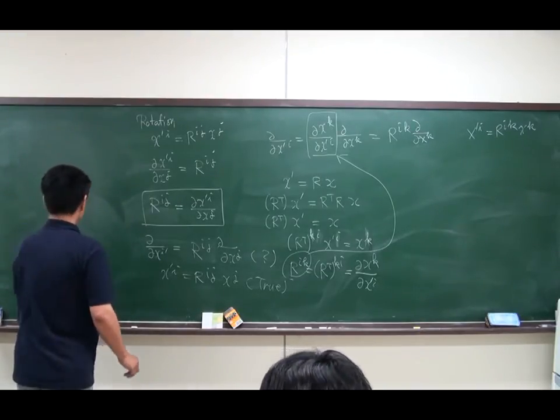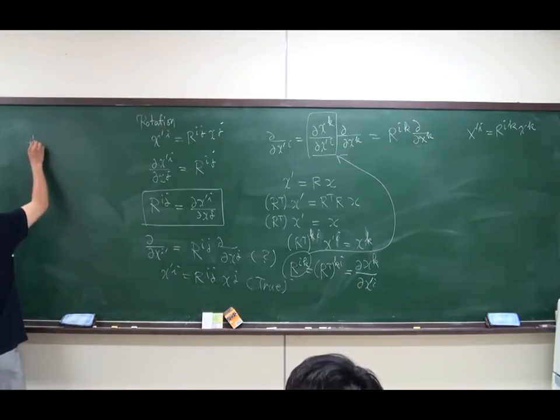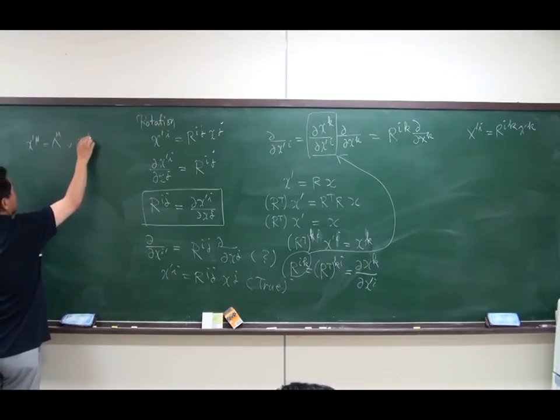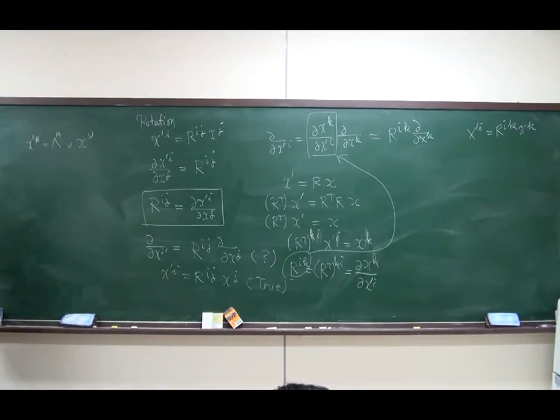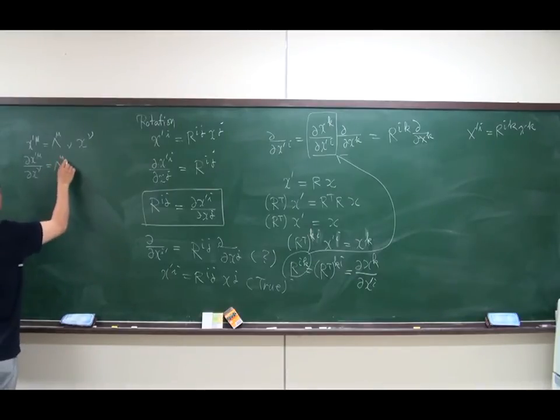Let us copy in a similar way. x prime mu equals lambda mu nu x nu. Right? Then, if I take the derivative of x prime mu with respect to x nu, it is lambda mu nu.